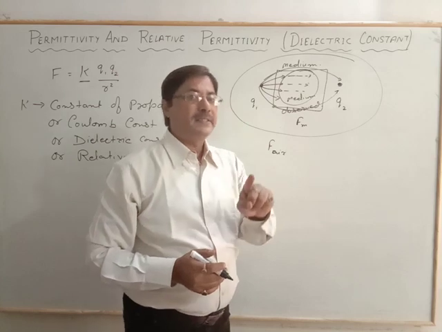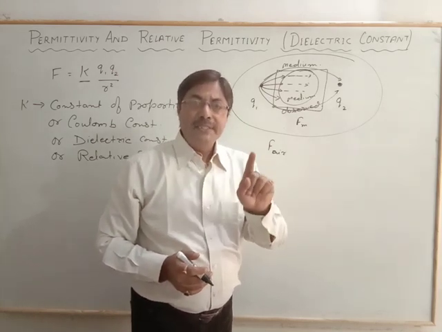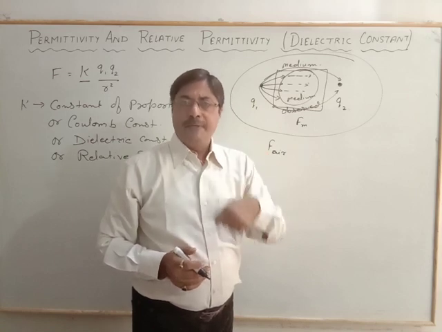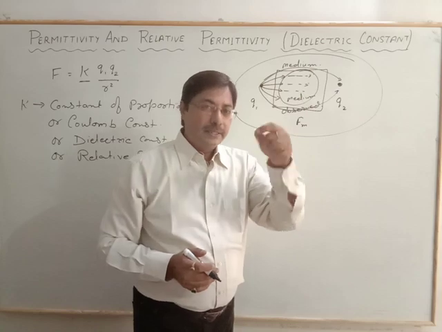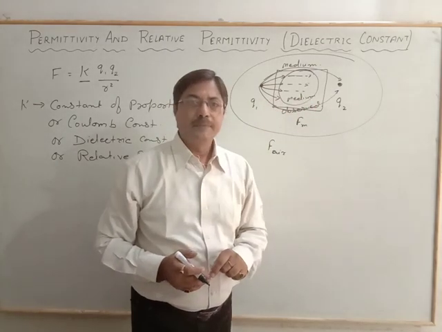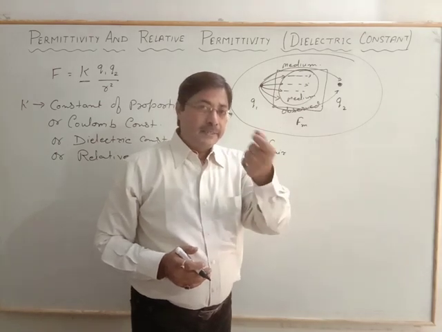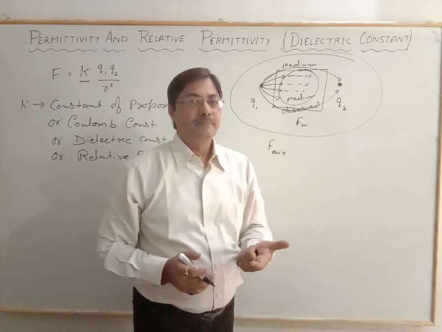That characteristic of the medium is known as permittivity. That means the medium itself permits some of the electrical lines of force produced by the two charges, and that ability to accept them is known as permittivity.